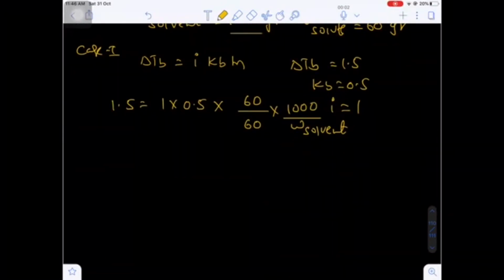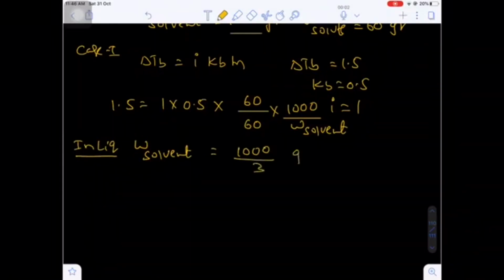First of all, I am trying to calculate the weight of water in the liquid state. Okay, from here, what will be the weight of solvent, in the sense of liquid form? In liquid form, the weight of solvent will be 1000 by 3 grams.